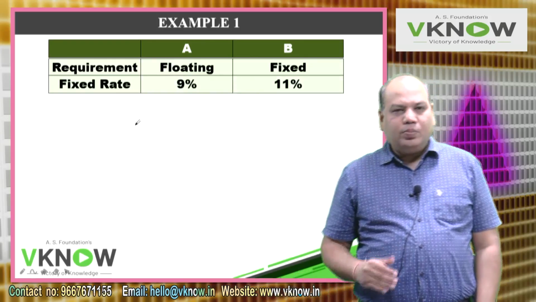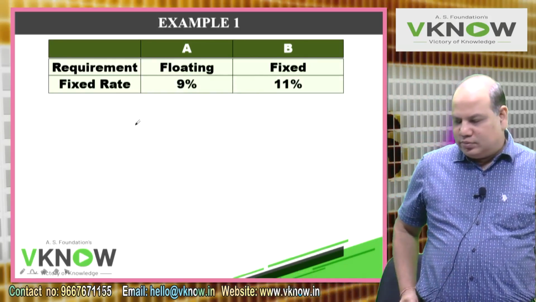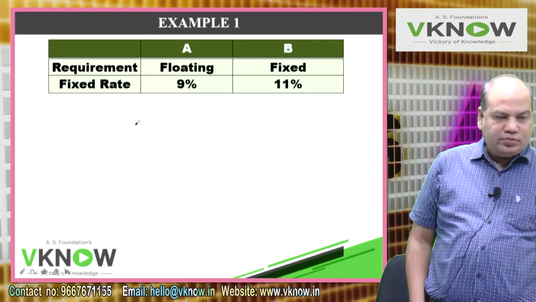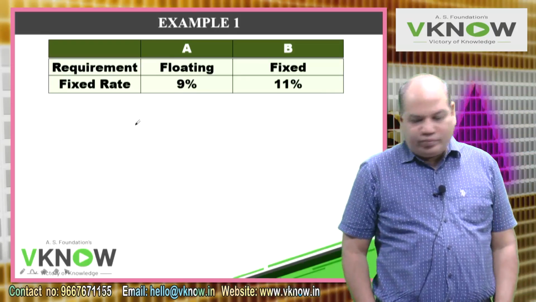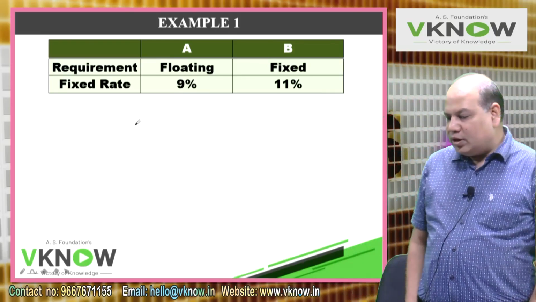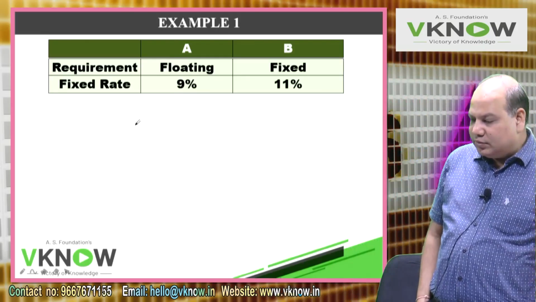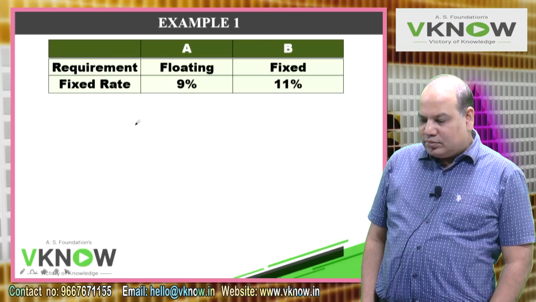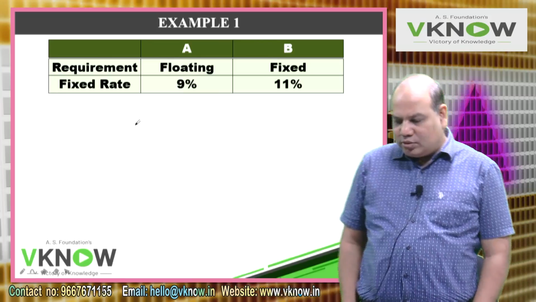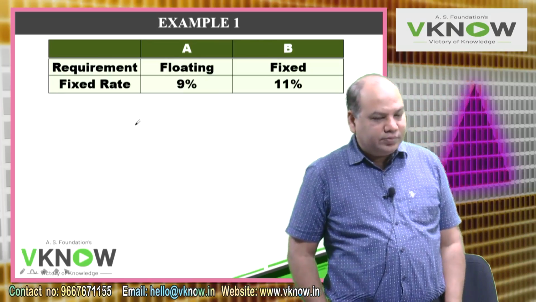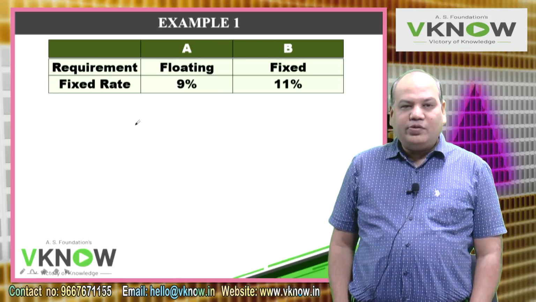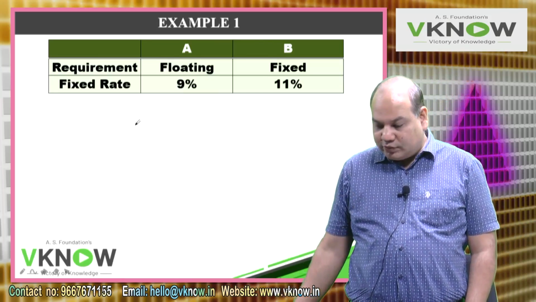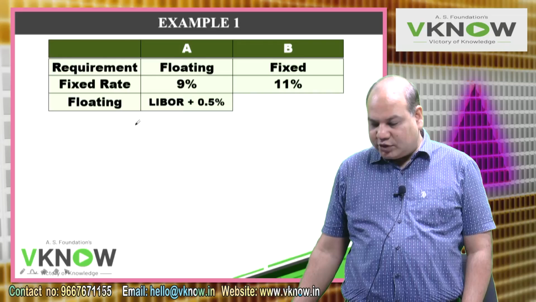If they borrow at fixed rate independently, A goes to a bank and says, I want to borrow at fixed rate. Based on the credit rating of A, the bank says we will charge you 9%. To B, the bank says we will charge you 11% fixed rate.